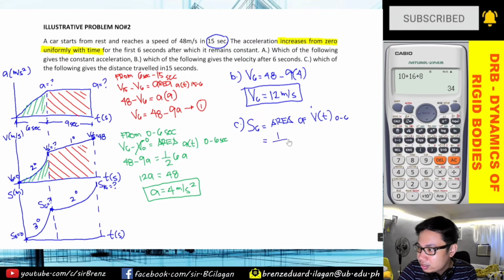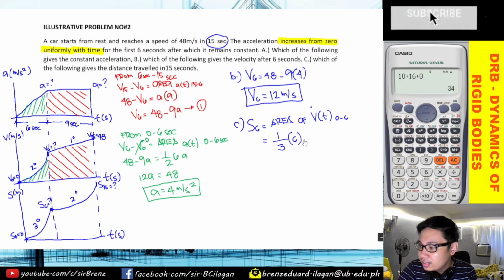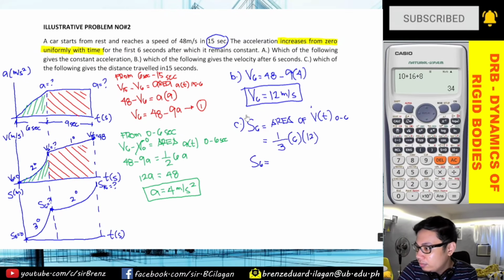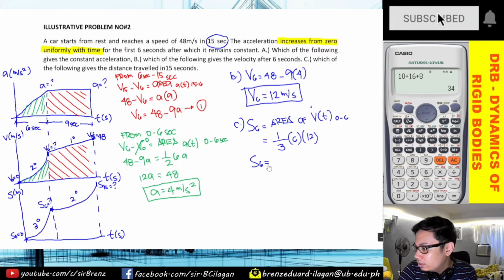That is a second degree curve, so magiging 1/3 of the base na 6, and then the height na V6, which is 12. Displacement after 6 seconds, so 12 times 6, divided by 3, that is 24 meters.